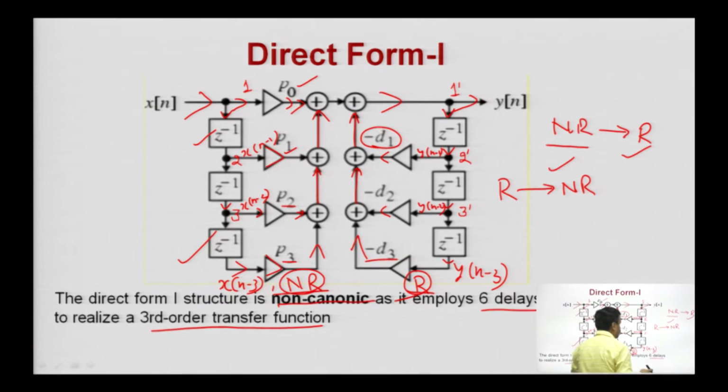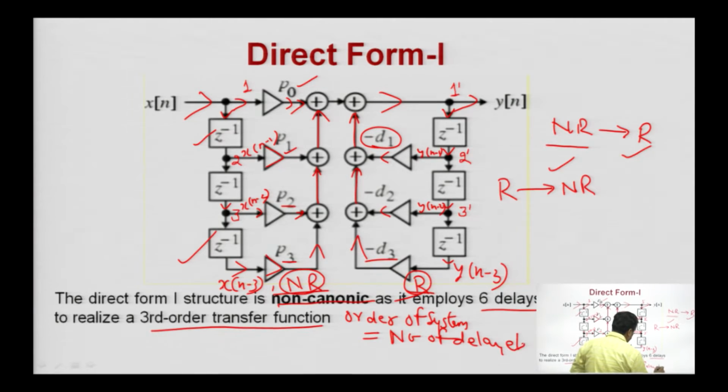Canonic and non-canonic, the difference you should be clear. आपको डिफरेंस क्लियर होना चाहिए. कैनोनिक का मतलब होता है whenever the order of the system, that is given in terms of your difference equation, is equal to the number of delay elements, then your structure is canonic.